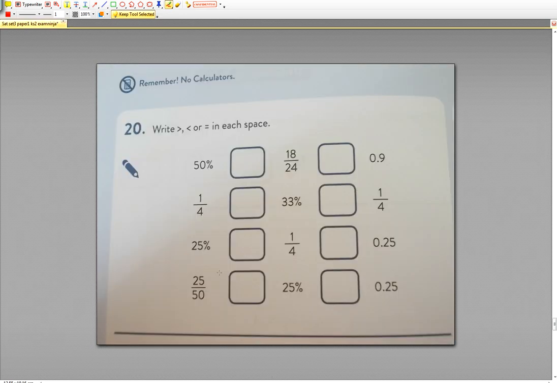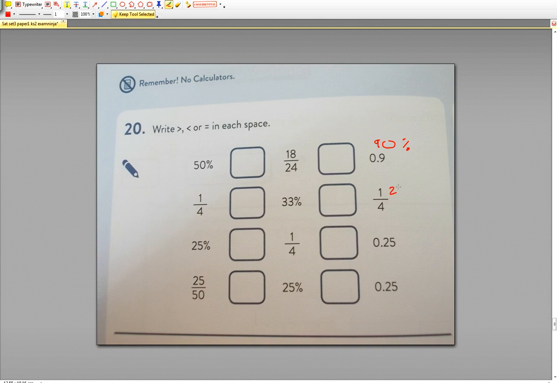Okay, now we've got greater than, less than, equal. So we need to have an idea what these values are. Should we look at them in terms of percentages? 0.9 is 90%.